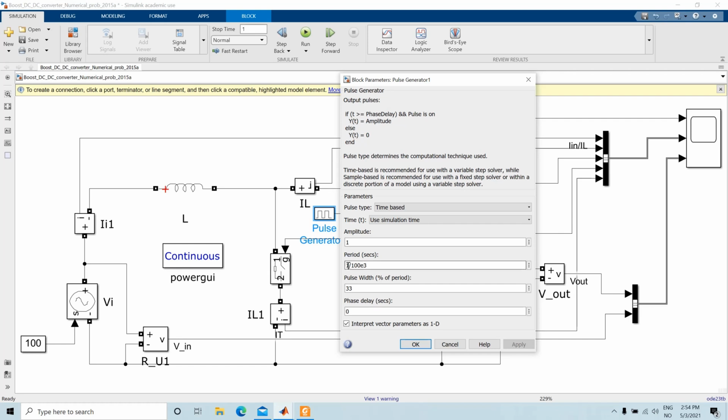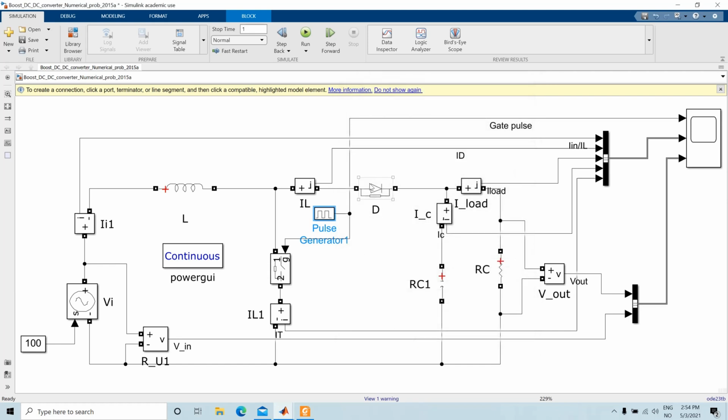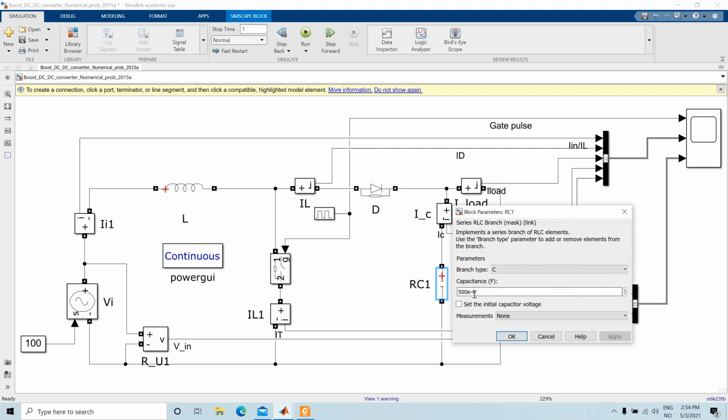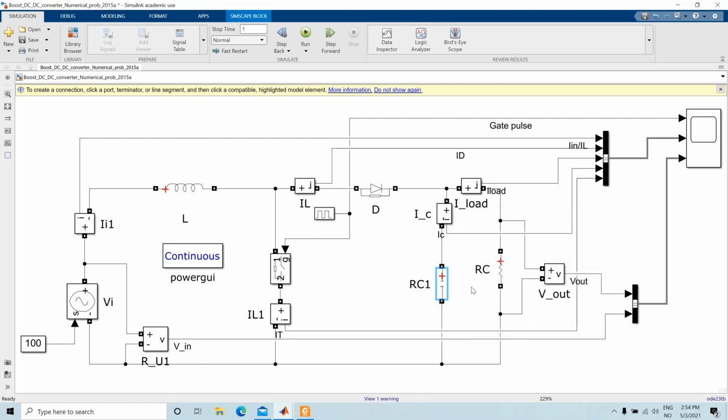The period is 1 over frequency, which is 100 kilohertz here, and then we have our diode, our inductor L, and our capacitor. As in the example, the capacitor value is not mentioned, so I have chosen 500 microfarad as the capacitor value.